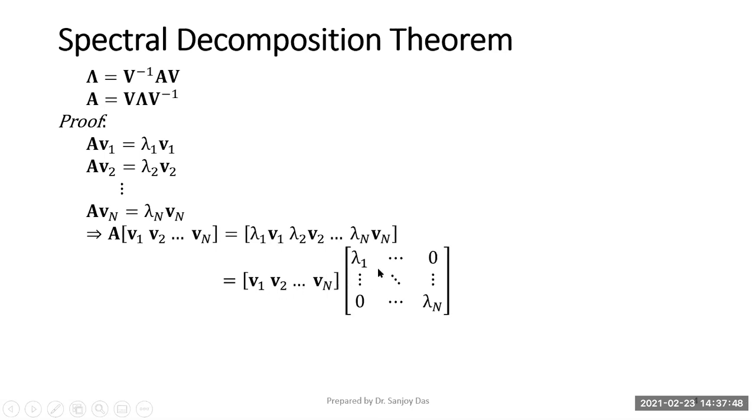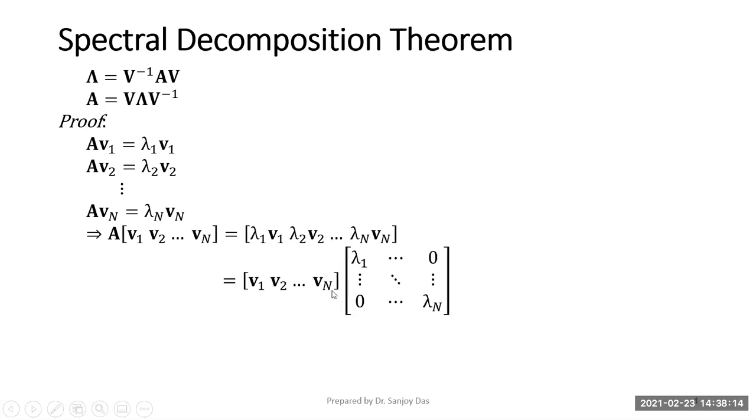So v2 would get multiplied with lambda 2, and every other column here, v3, v4 until vn, would be getting multiplied by zeros. So the second column is v2 times lambda 2, which is lambda 2 v2.